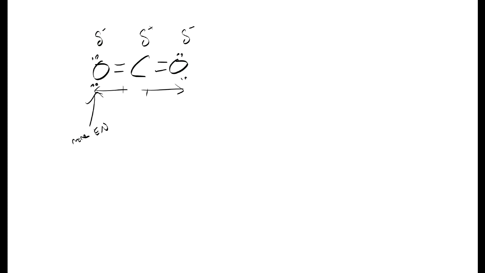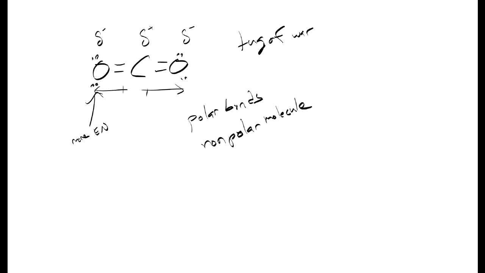But those two bonds cancel each other out. It's like a perfectly balanced tug of war. The pull to the left is exactly the same as the pull to the right. So you get polar bonds, non-polar molecule, because those two polar bonds cancel each other out.